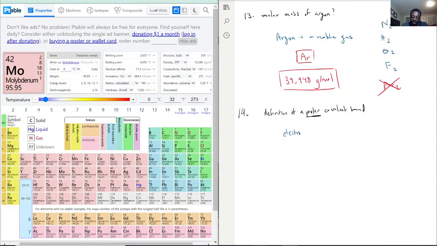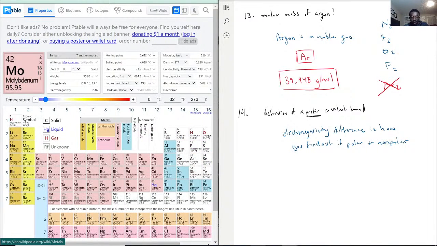Electronegativity difference is how you find out if it's polar or non-polar.